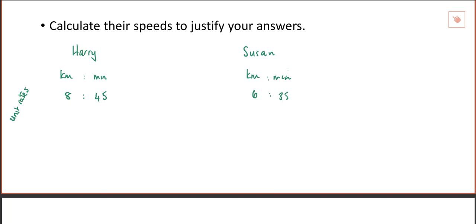So there are two options. Normally with speed, which measurement, kilometers or minutes, would be the unit? Normally time would be the unit, yeah? So we would figure out how far did Harry go in 1 minute? And how would we work that out?